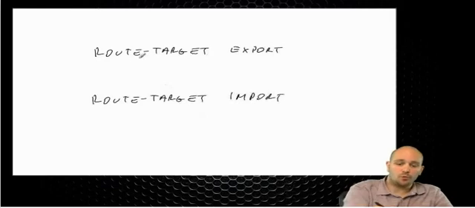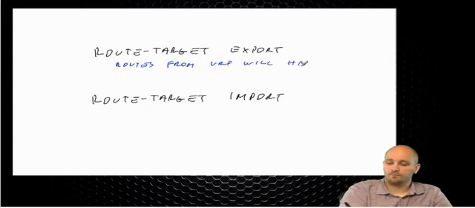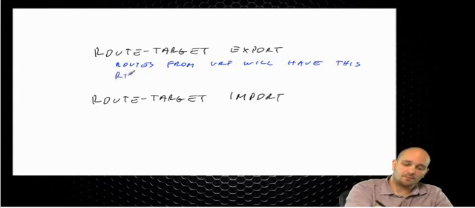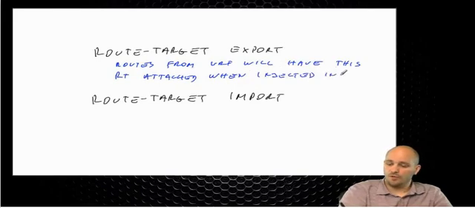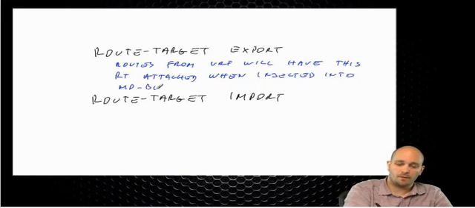So what you are doing with this command is routes from VRF will have this route target attached when injected into BGP, or I should say multi-protocol BGP.